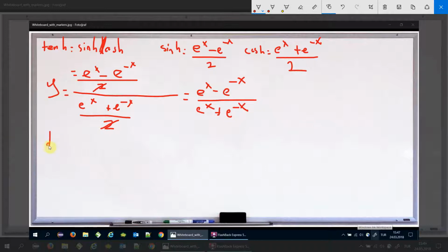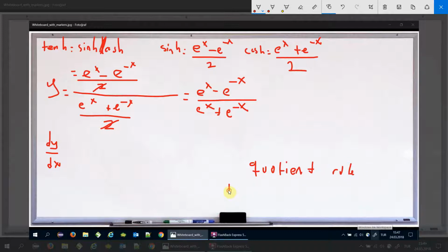I wonder the derivative of y with respect to x. But before that, please remember the quotient rule.